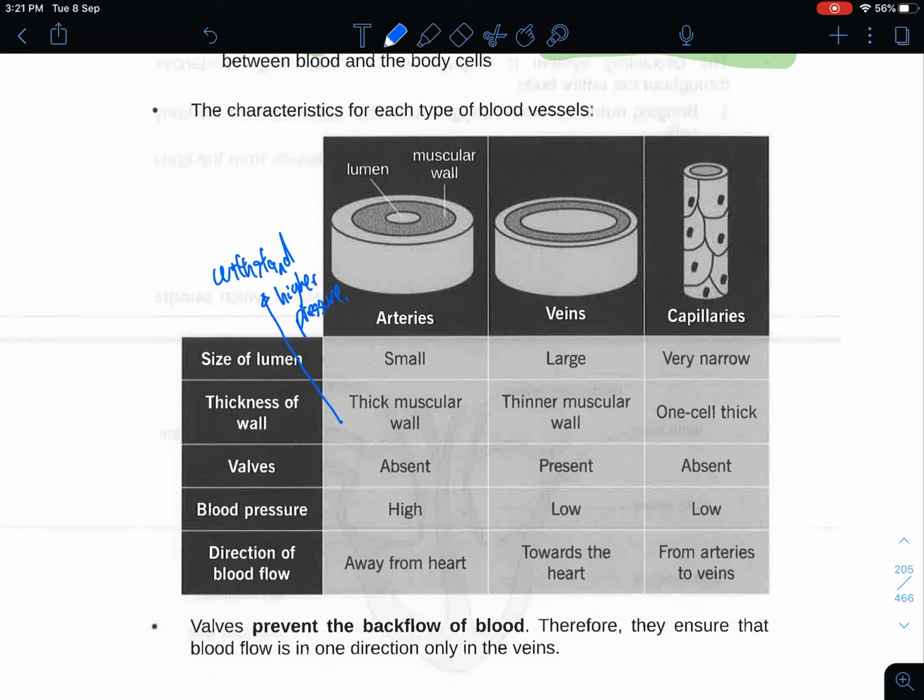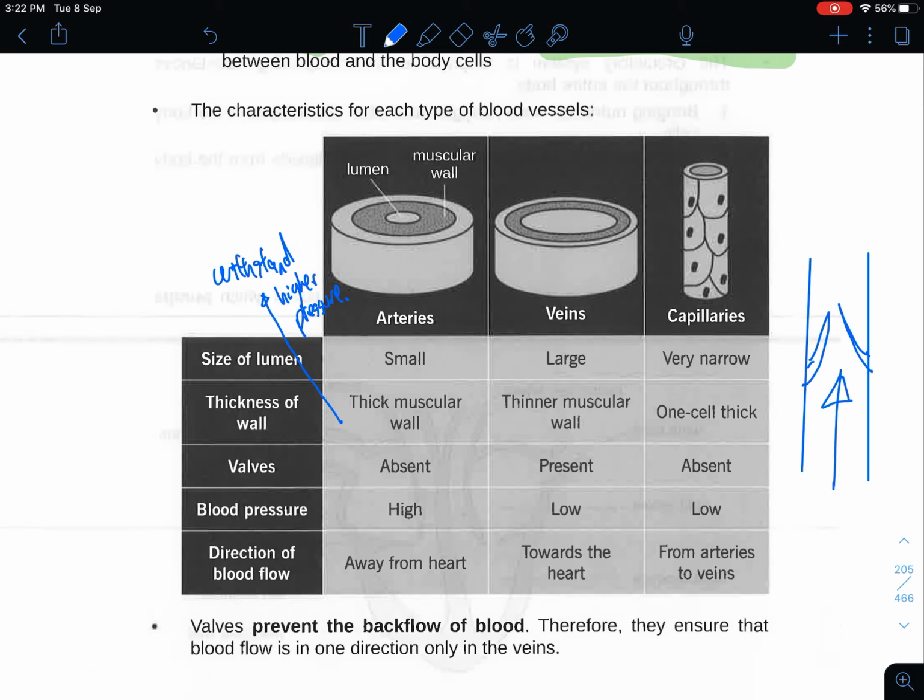And one thing to aid in this is the presence of valves. Okay, what are valves? Valves are like the gates to ensure that blood will be able to flow through. So in a sense, if I were to draw a blood vessel, valves are like your flaps, and they'll be present in veins.